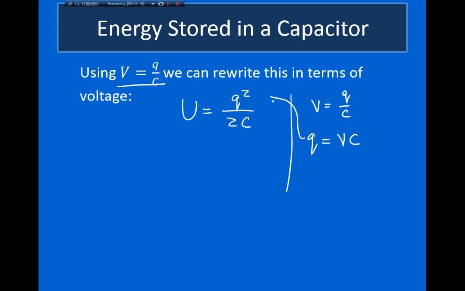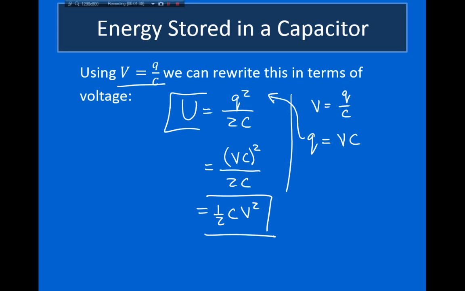And if I plug that into the formula, I have (VC) squared divided by 2C, which equals 1/2. One of the capacitances in the numerator will cancel with the capacitance in the denominator, so I'll have 1/2 C V squared. So this is another way that I could write the total energy stored inside a parallel plate capacitor in terms of the capacitance and the voltage.